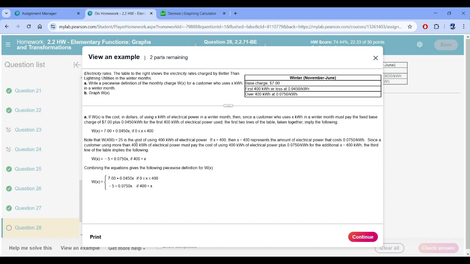I don't understand where the negative 5 came from.